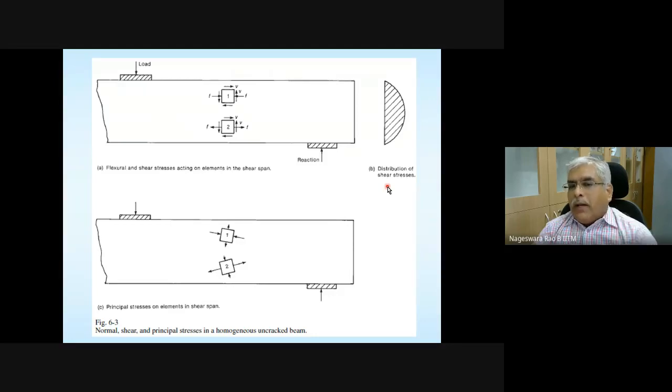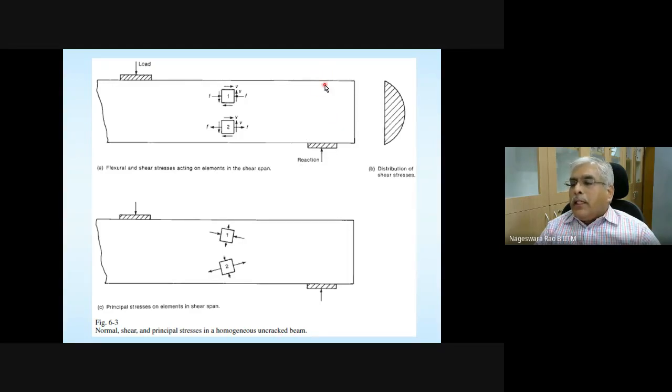Once you know the neutral axis, this is a homogeneous section. If the cross section is rectangular, then the neutral axis is going to pass through the centroid of the cross section, or it's going to be at mid depth, because this is a homogeneous section.